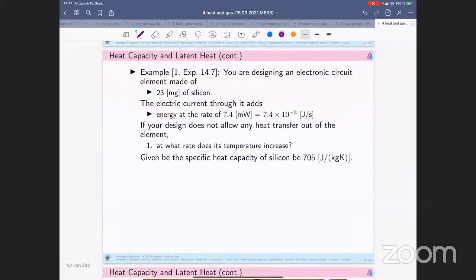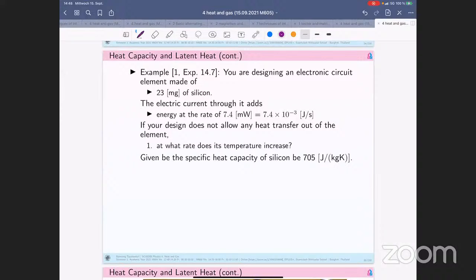Okay, you are designing an electronic circuit element made of silicon. A tiny piece of silicon, 23 milligram of silicon, and electric current through it adds energy. We pass the current into that part of the circuit, and there is an energy increasing rate.